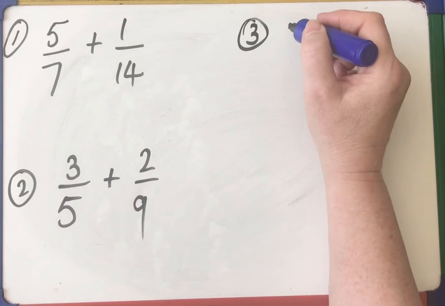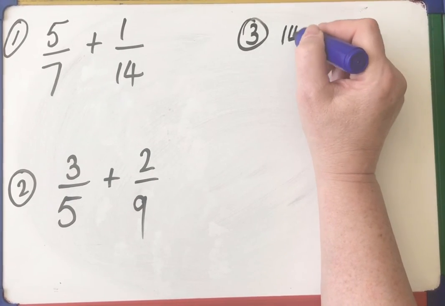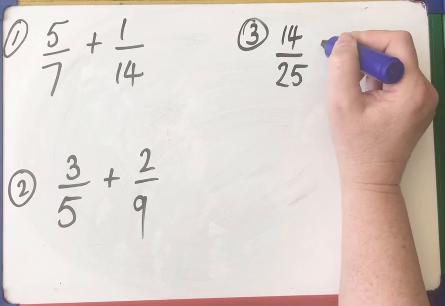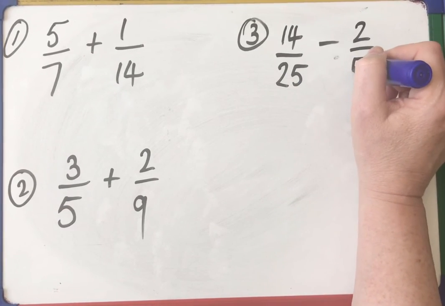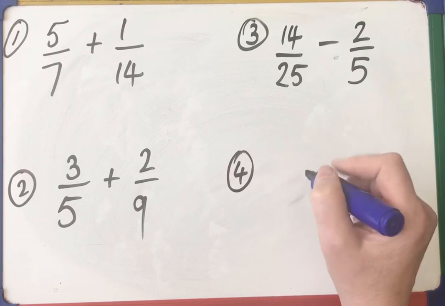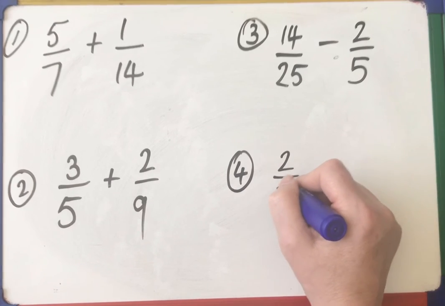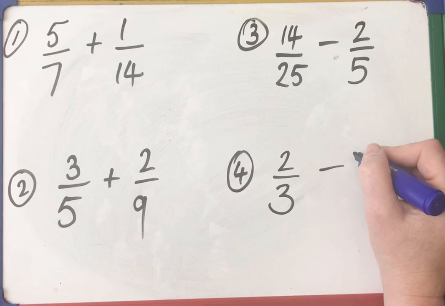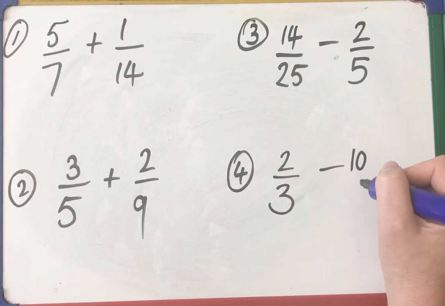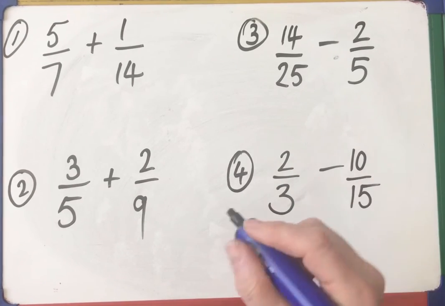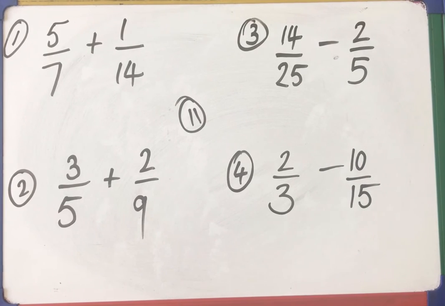So let's have and the fourth one is a subtraction as well. So let's have 2/3 minus 10/15. Okay, pause the video and see how you get on. Remember, it's just times tables and you want to make the denominators the same. If you're a bit still confused, look at the video first on equivalent fractions.